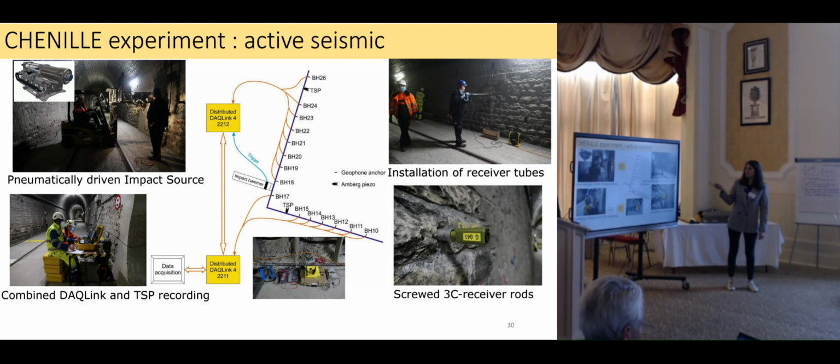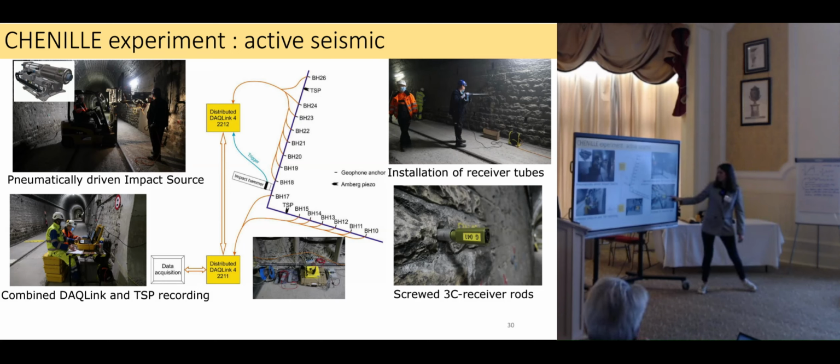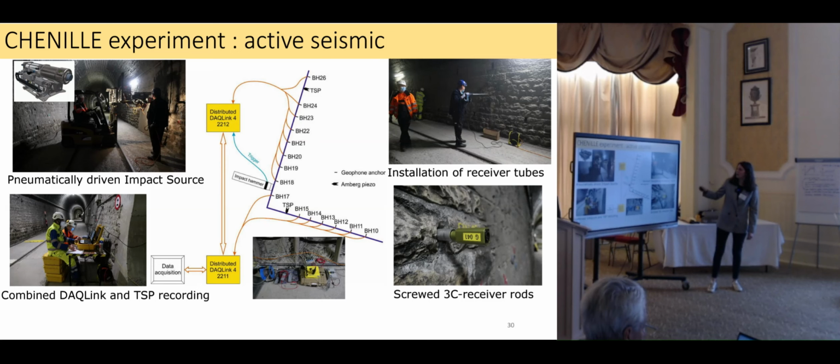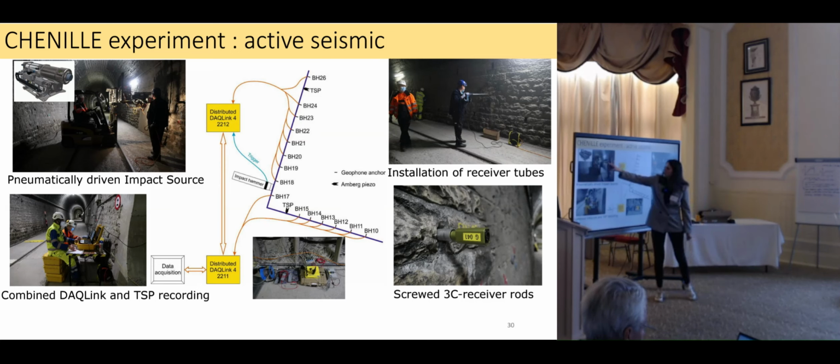And we've also been doing different campaigns. I will just show you the preliminary result of the first active seismic campaign. We've been using boreholes for active seismic measurements with a hammer source. The source is here.